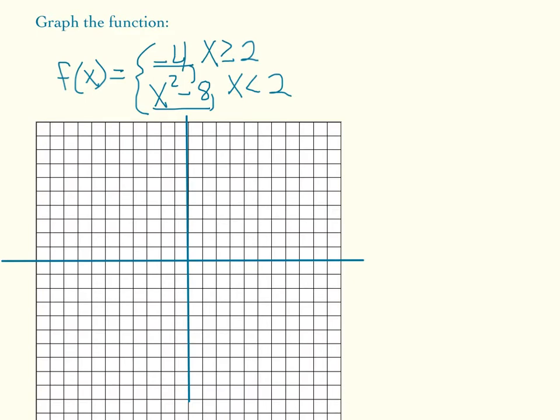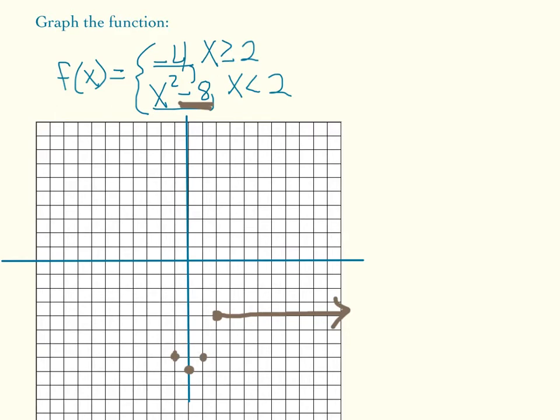Y equals -4, but only for x greater than or equal to 2. So we'll start at (2, -4) with a closed circle, and we're going to have a horizontal line going infinitely to the right. And then f of x equals x squared minus 8. We know that the vertex of this parabola moves down from (0, 0) to (0, -8). 1, 2, 3. There. And then we know when x is 1, y is going to be -7, and the same for -1.